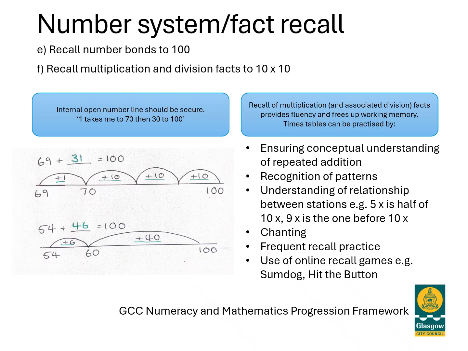However, having good quick recall of the basic tables to 10 times 10 can set them in really good stead for column multiplication, which is the most efficient method for multiplying much bigger numbers. And we can do that through chanting, through frequent recall practice, through an expectation that they should be trying to learn these.